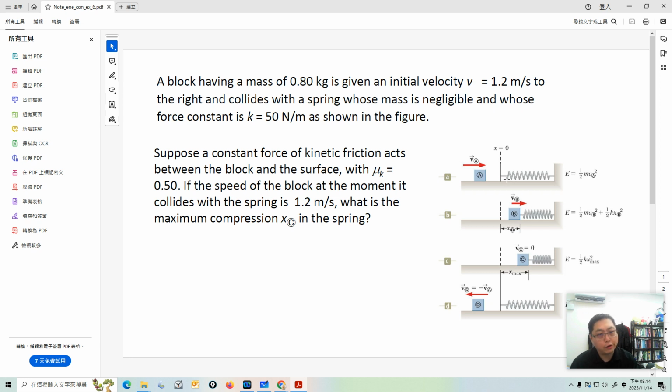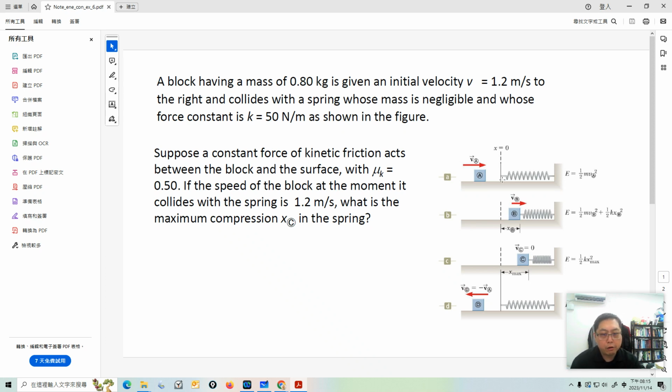That means there's no elastic potential energy in the spring at the beginning. The spring force constant K equals 50 Newton per meter, and the problem asks us to find the maximum compression of the spring after the object strikes the spring.